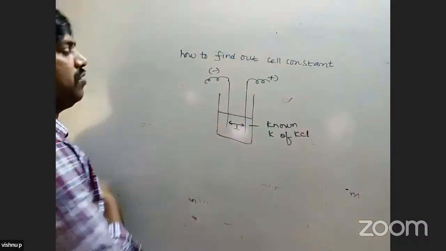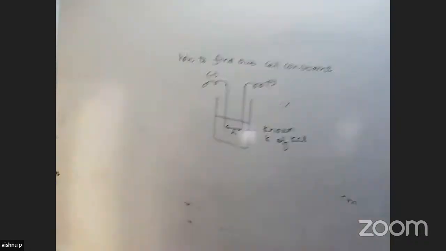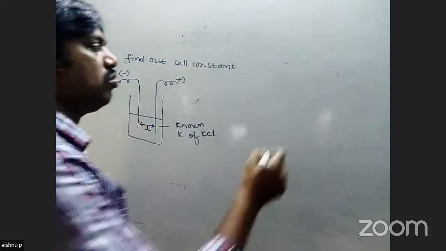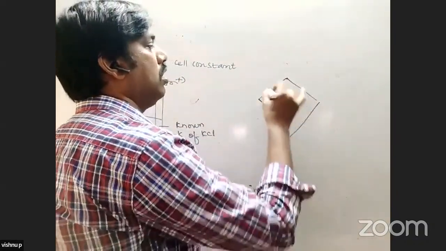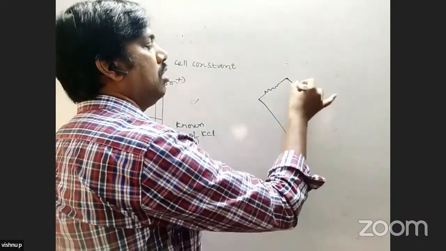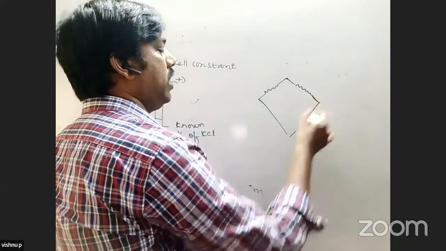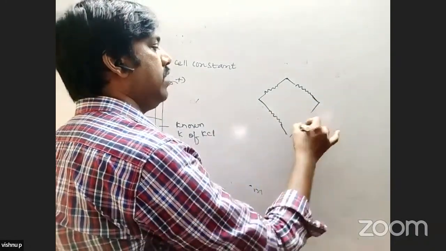Okay. So first we use a Wheatstone bridge. It is connected to the Wheatstone bridge. From this Wheatstone bridge, we can find out a resistance, and from that resistance, we can find out the conductivity.